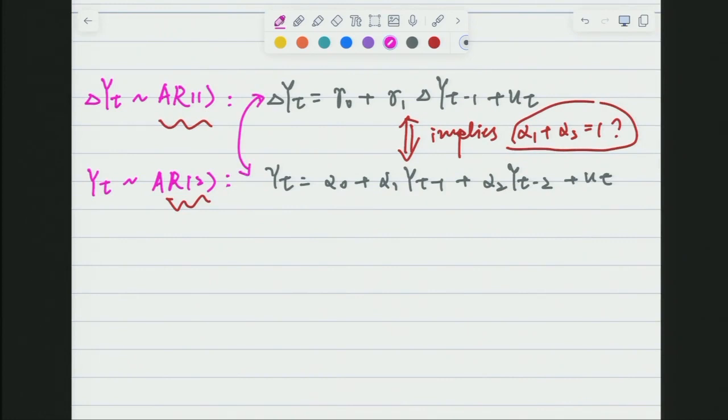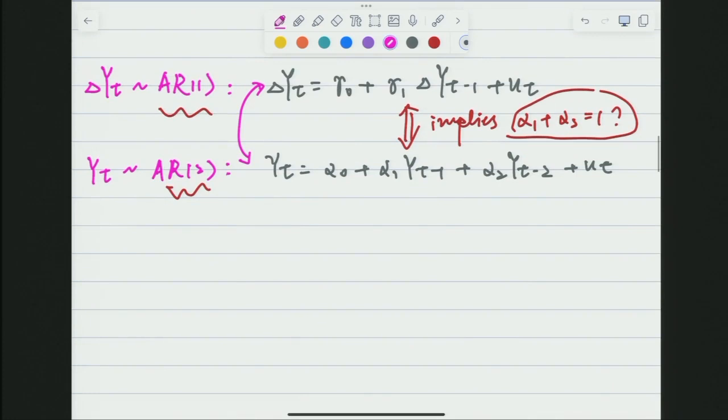To establish the equivalence, first of all, we want to show that these two models are identical under the condition. In the first difference, we have the difference on the left-hand side. So to get the first difference as the dependent variable, we subtract y_{t-1} from both sides of the equation, and this makes the equation remain unchanged.